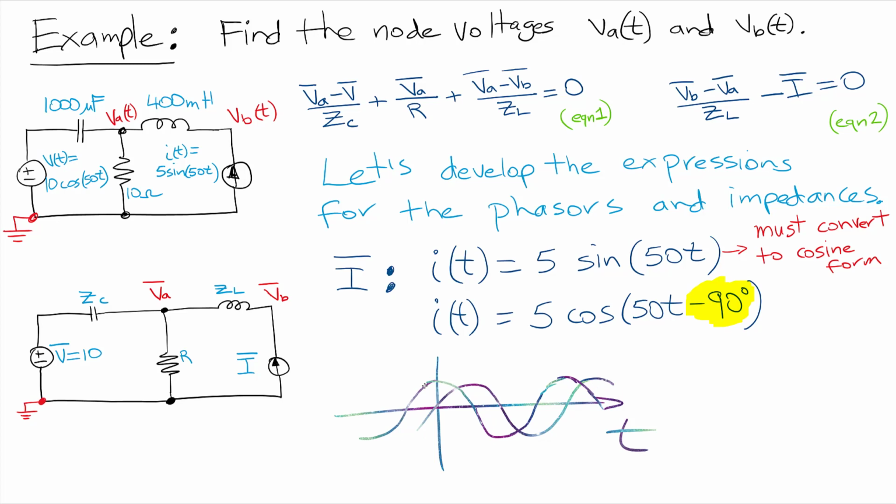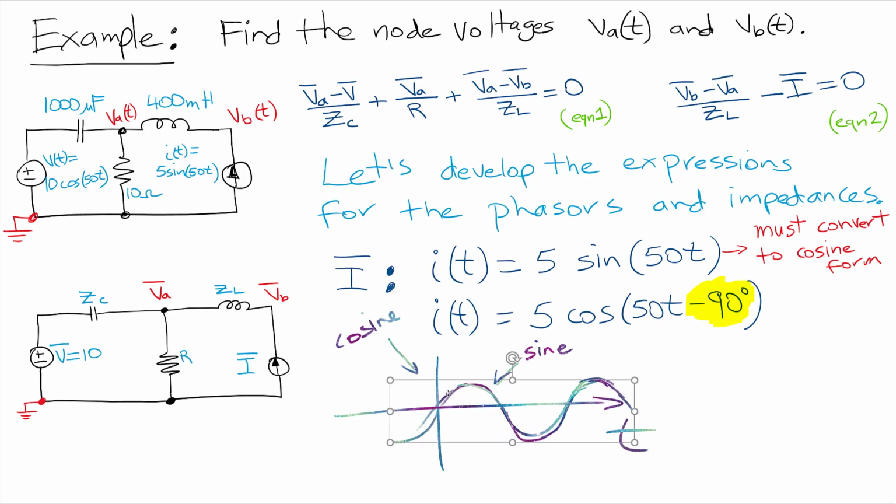Okay, so let me just label it. So this is cosine, and this is sine. So when we move the cosine 90 degrees to the right, that's the same thing as subtracting 90 degrees in the argument, okay? So you should be very clear on that, okay? And if you're not, you should just work this out so that you're comfortable with it.